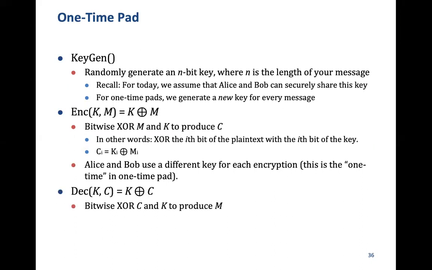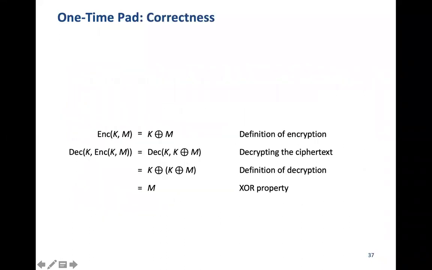All right. Now decryption is exactly the opposite. So Bob receives the ciphertext, uses the key K that he knows, and computes K exclusive OR C, and then this produces M.